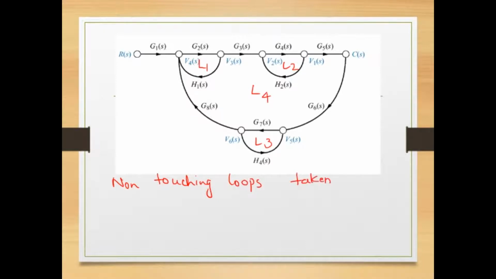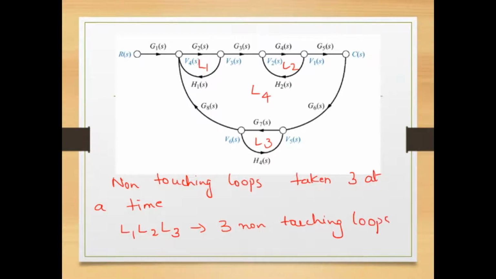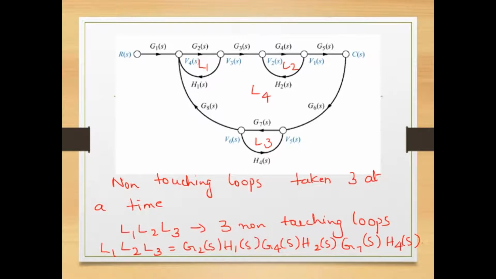Taken 3 at a time, there is one combination, that is L1, L2 and L3, which are the 3 non-touching loops. What is the gain of L1, L2, L3? It is G2(s) H1(s), G4(s) H2(s), G7(s) H4(s). So this is the non-touching loops taken 3 at a time.